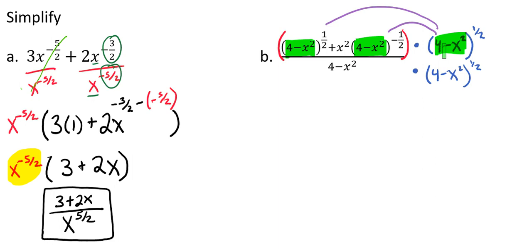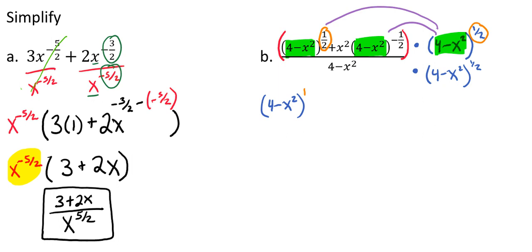So therefore I have the same base, which means we're going to be able to add our exponents. When I add the exponents here, we'll start off by getting 4 minus x squared, and 1/2 plus 1/2 is a 1. And we don't normally write exponents of 1, but we're going to go ahead and leave that there for just a minute.